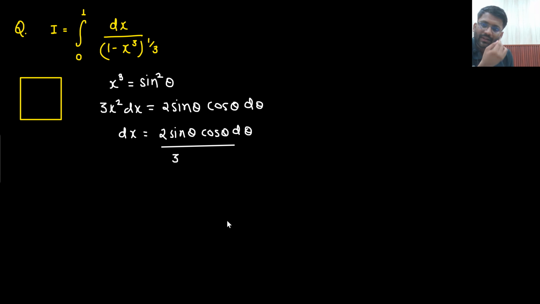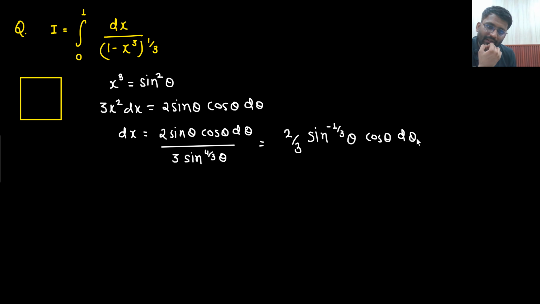And what is the value of x square? The value of x square is sine to the power 4 by 3 theta. So here you are getting 2 by 3 sine to the power minus 1 by 3 theta cos theta d theta.